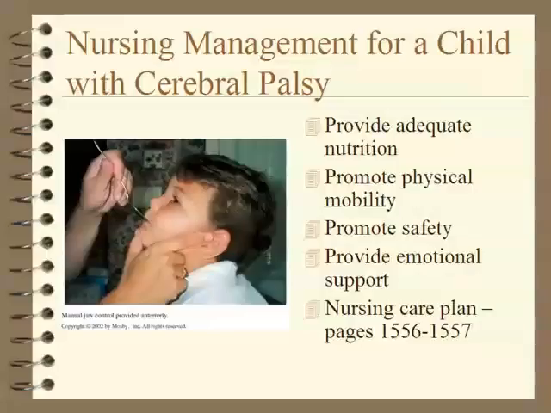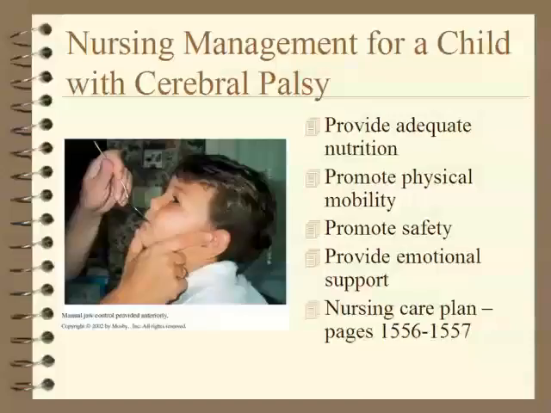Those of you who are at PPC for clinicals probably have seen a lot of children there with CP, and you may have actually seen or participated in feeding children with CP, and so you certainly can recognize some of the unique challenges for a child with CP.